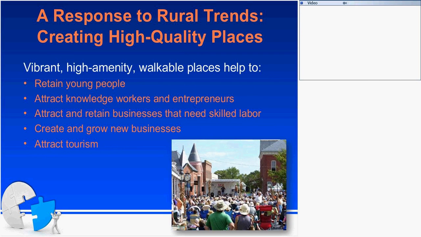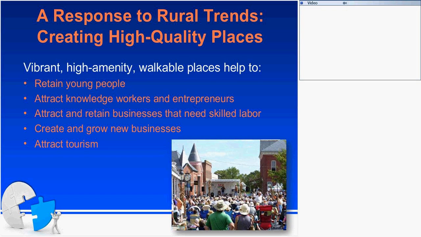And so then we talk about how some communities are responding to these trends by creating what we call here high-quality places.